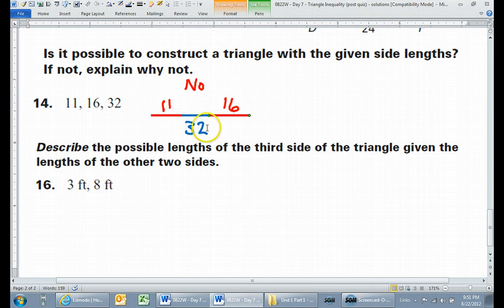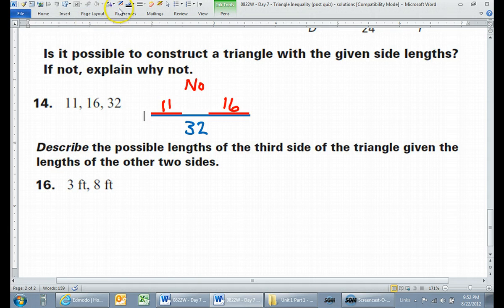So if you always hold that picture in your mind and you always start by looking at the larger side, then you can just think of it in terms of the smaller two have to be bigger than the biggest side, the third side.